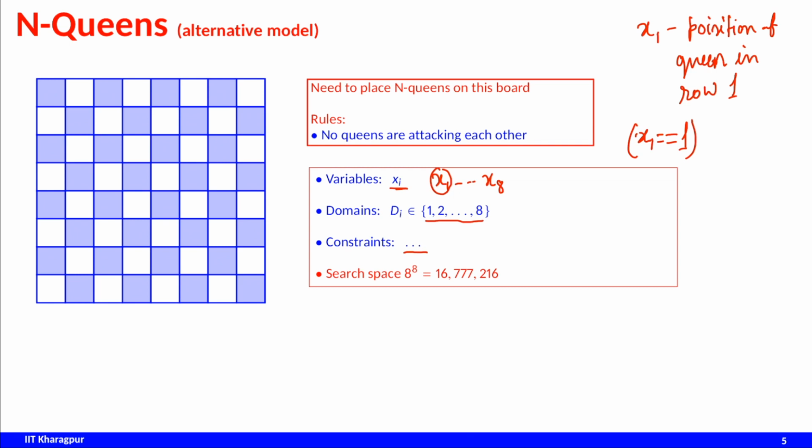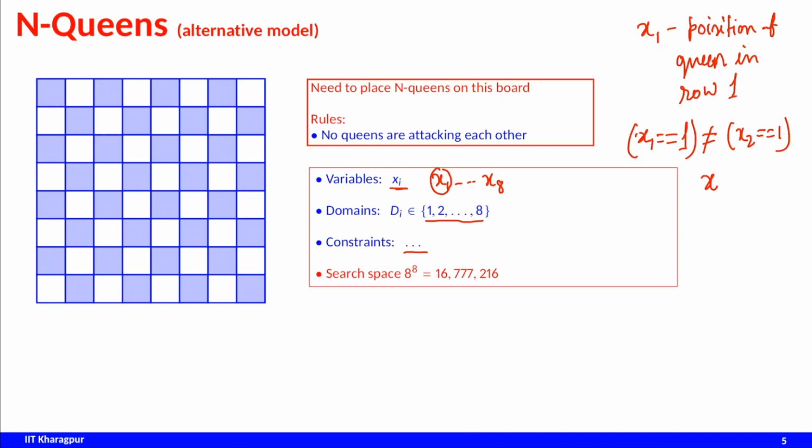If x1 is 1, then x2 equal to 1 cannot happen. This will be true for all the values.